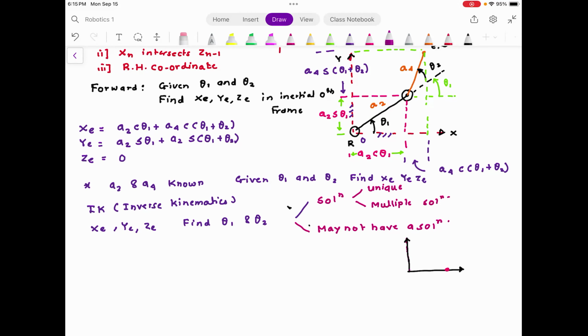This end effector position can be achieved in this configuration, or the same end effector position can be achieved in this configuration. So you have potentially two possible orientations that can get you to the same end effector position. So inverse kinematics problem may have a solution, may not have a solution. It can have a unique solution. It can have multiple solutions.